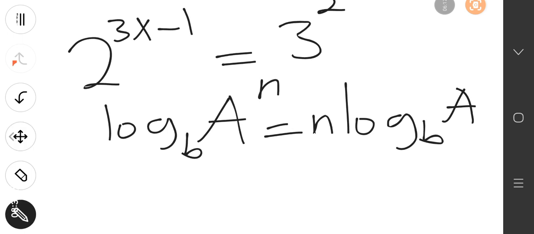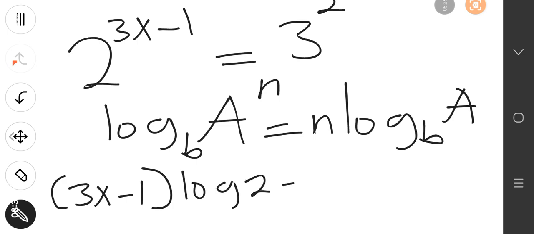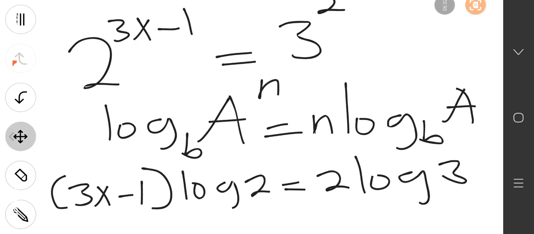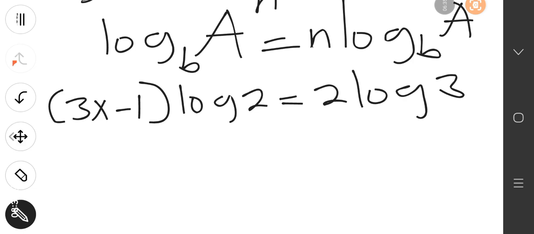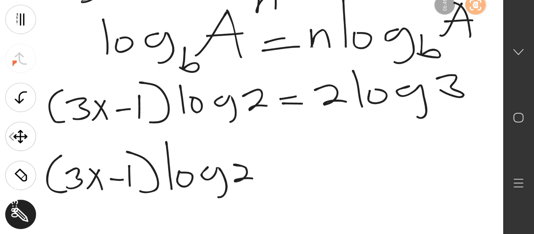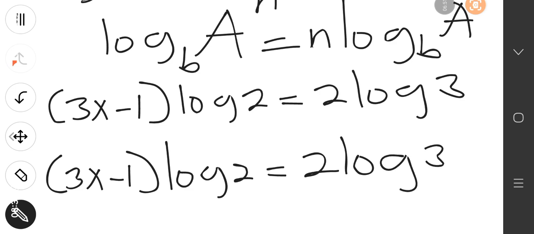So you're going to have 3x minus 1 log 2 equals 2 log 3. So this is what we have now. All right, let's proceed. 3x minus 1 log 2 equals 2 log 3.